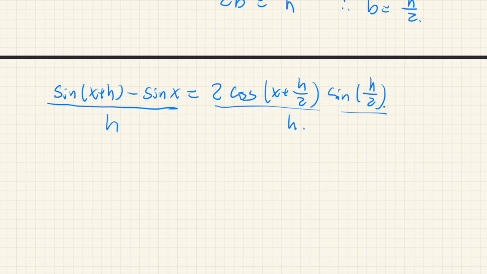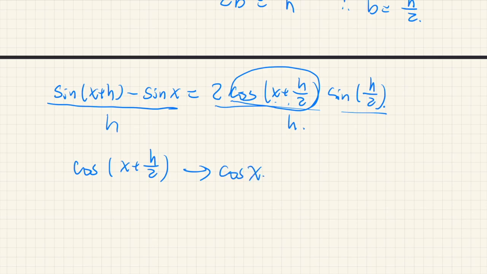First of all, if h moves to 0, then this thing, cosine of (x plus h) over 2, converges to cosine x, right?